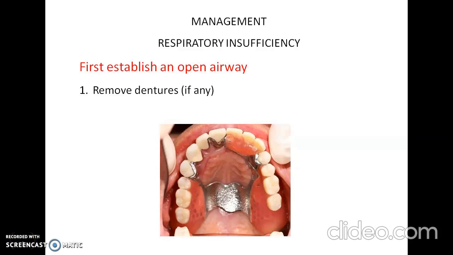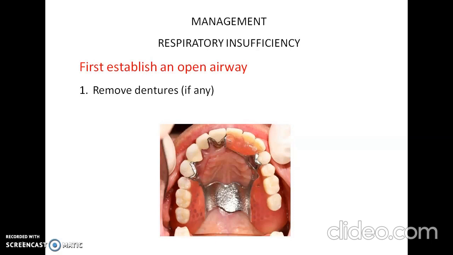In the last few classes, we had discussed the general principles involved in the management of poisoning, where we came across various principles like stabilization, evaluation, decontamination, poison elimination, antidote administration, nursing and psychiatric care.